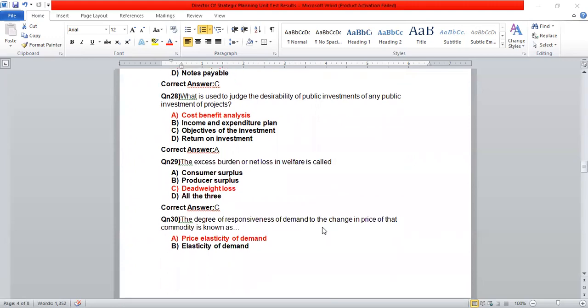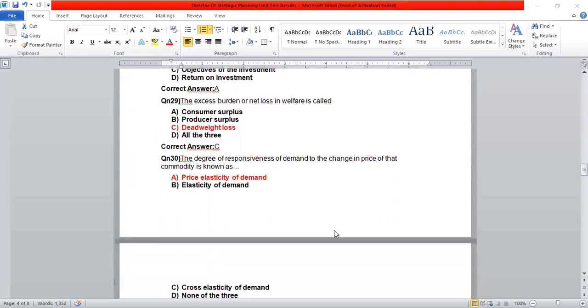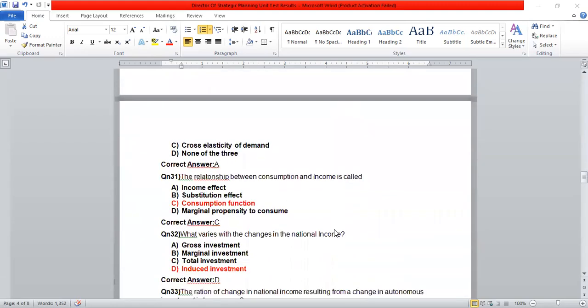Question 30. The degree of responsiveness of demand to changes in the price of that commodity is known as price elasticity of demand. Question 31. The relationship between consumption and income is called the consumption function.